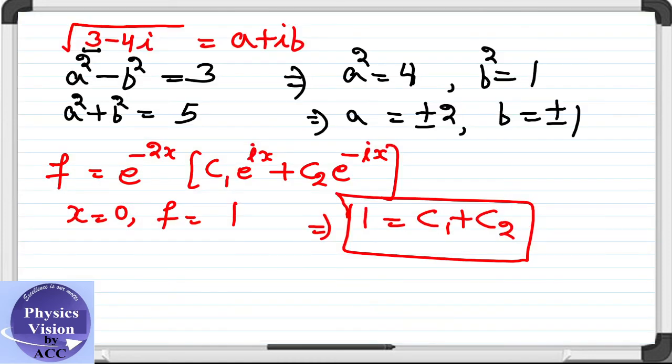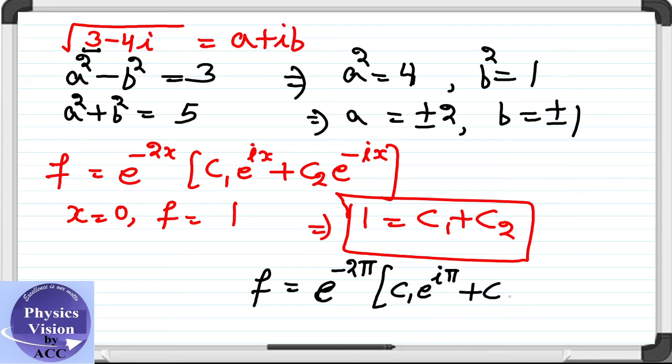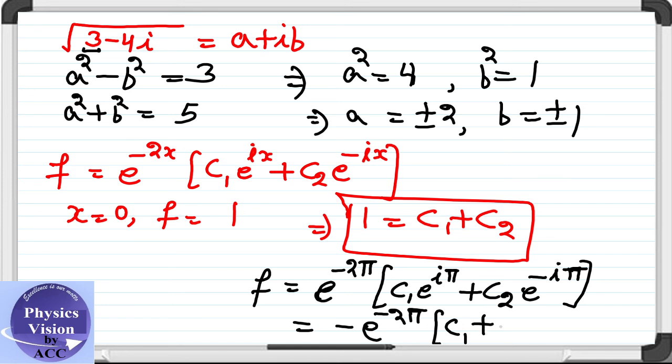We'll just put the value of x as pi: e raised to the power minus 2 pi, and this becomes c1 e raised to the power i pi, which is cos pi, which is minus 1, plus c2 e raised to the power minus i pi, which is again cos pi, again minus 1. Taking this minus out of the bracket, we have e raised to the power minus 2 pi, and the rest of the bracket is c1 plus c2.